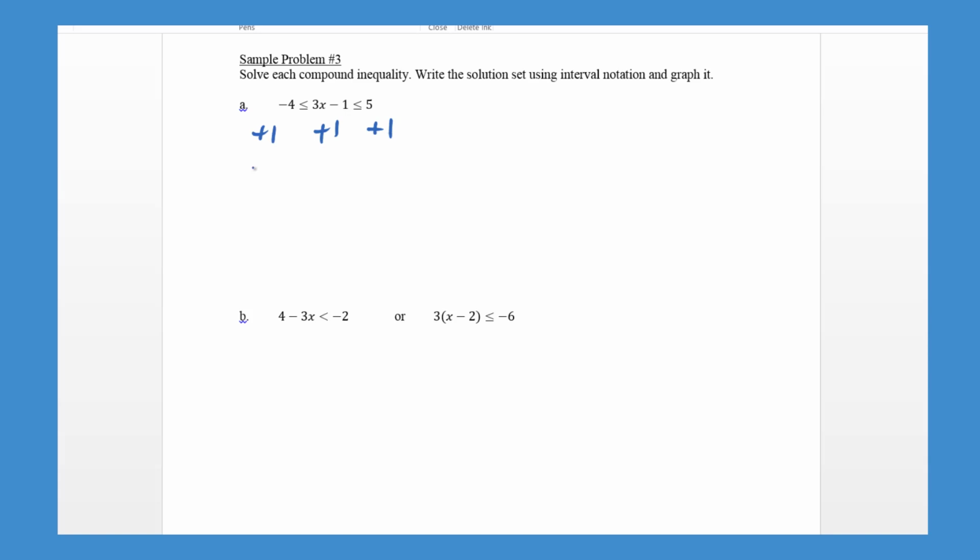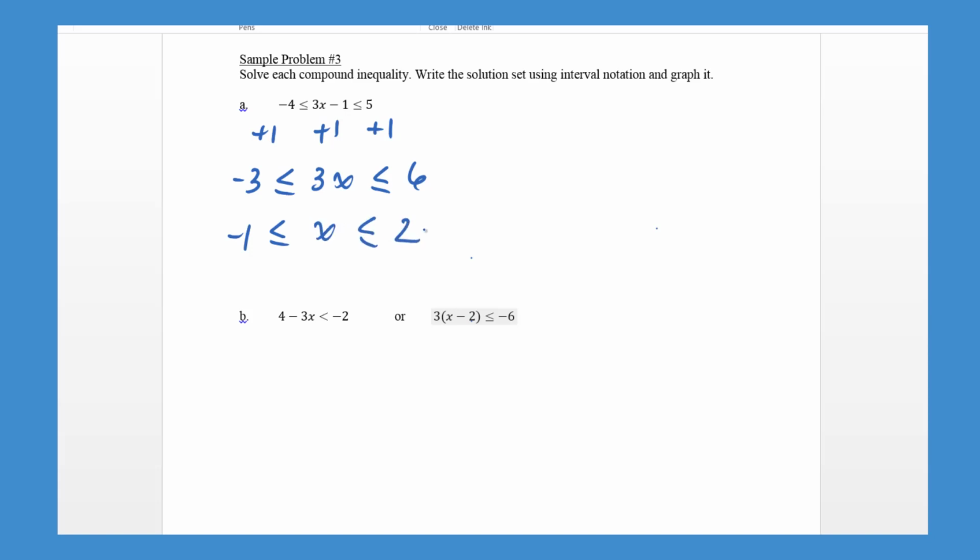That's going to leave us negative 3 is less than 3x is less than or equal to 6, and now I will divide all parts by 3, leaving me negative 1 is less than or equal to x is less than or equal to 2.